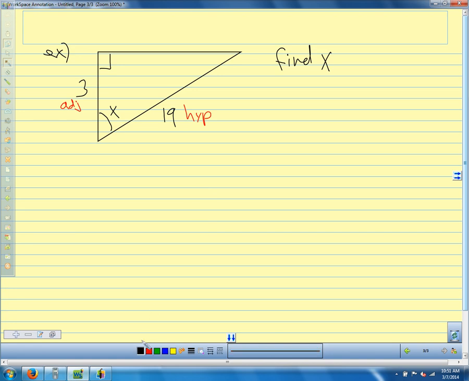All right, so which trig ratio tells us about the adjacent and the hypotenuse? Cosine. So I write cosine x equals 3 divided by 19. And because I have the cosine and I'm looking for my angle, I have to use the inverse. x equals inverse cosine of 3 over 19. I calculate that exactly like that in my calculator.